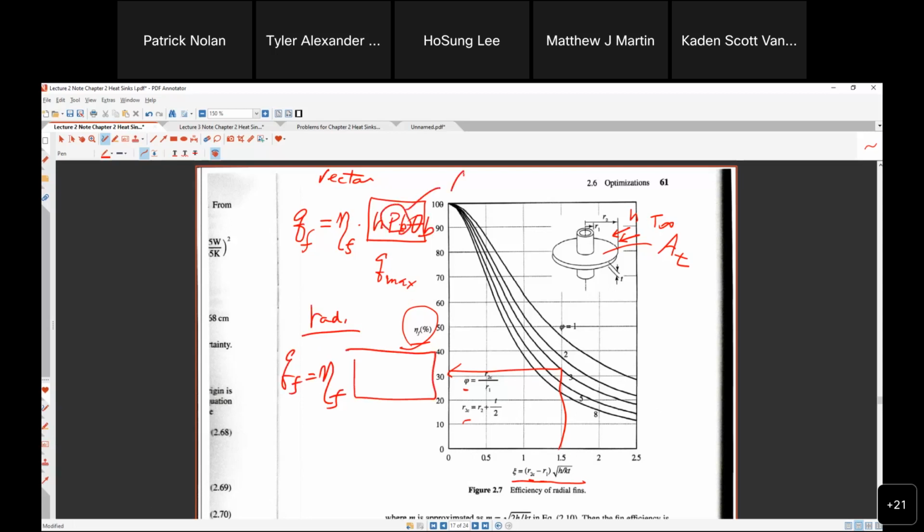HP is 80 total area. Give me. What is the Qmax? Would it be the R2 squared? No. What is Q?